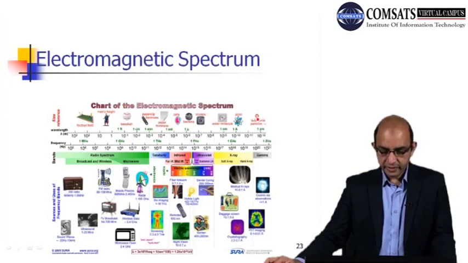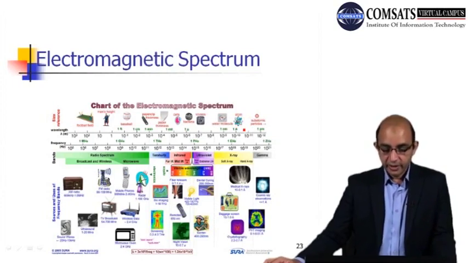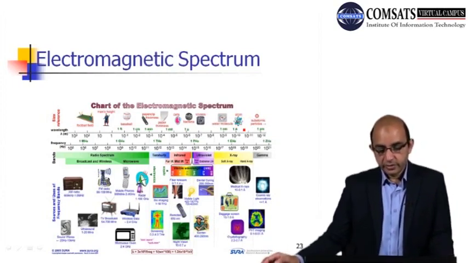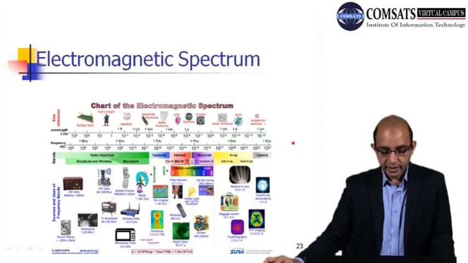So these are the references. And then here we have the atom, because the distances are very, very short between atoms, molecules, and viruses. These are the wavelengths, and here we have the frequencies.